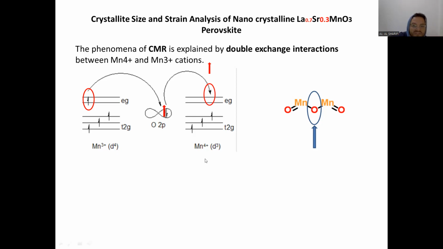Here, this plot explains to us how the electron can jump from one level to another, or from area to area, by using the oxygen like a bridge.